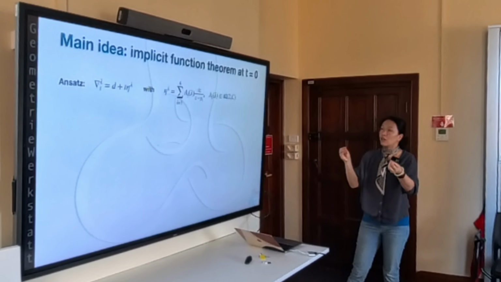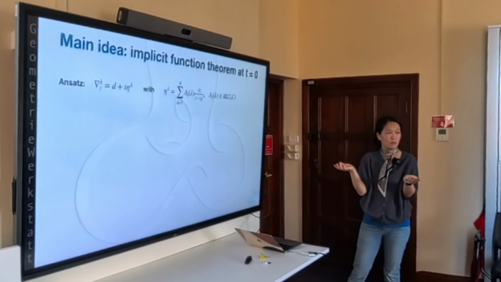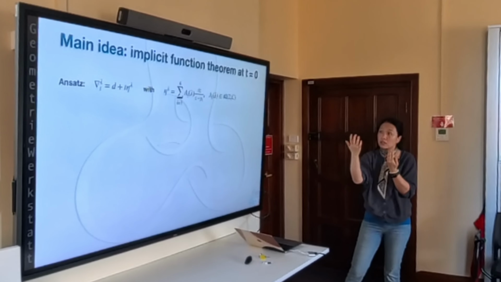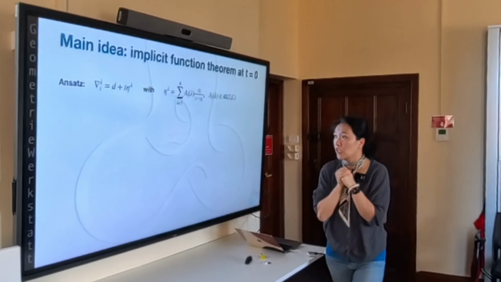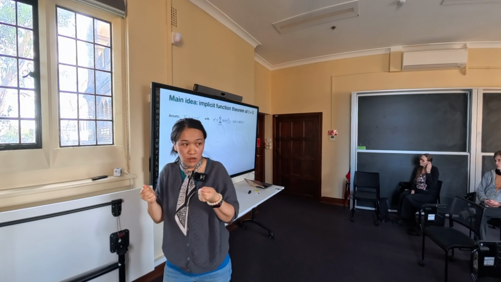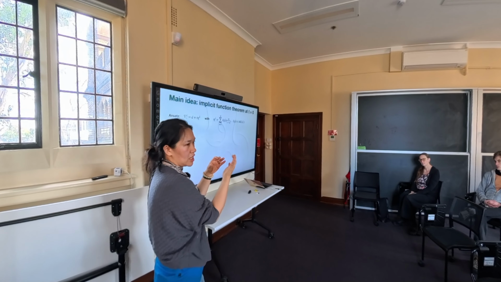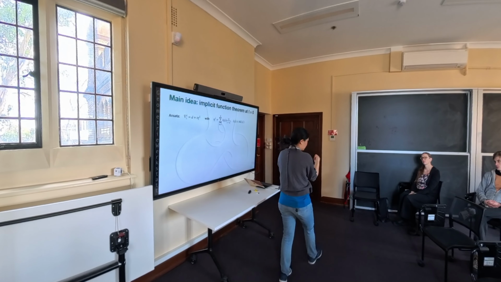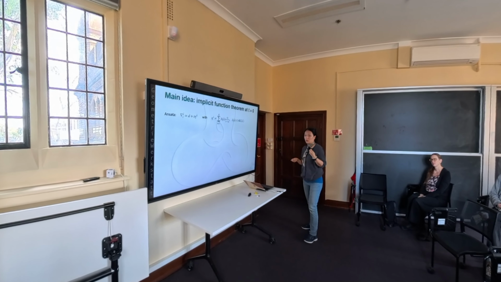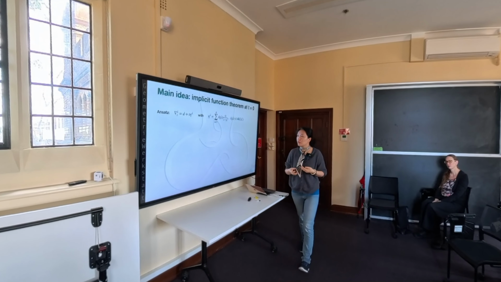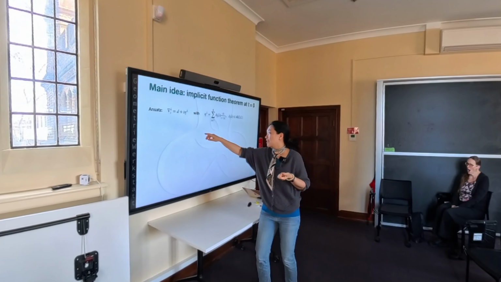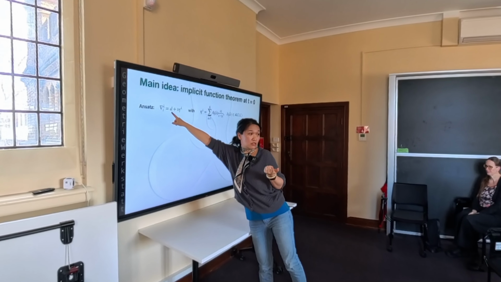Now, again, we want to use the implicit function theorem to find these candidates. And the ansatz is, well, at t equals 0, or g goes to infinity, the local monodromies are 0. So that's how I reduced everything. So when everything is 0, then the good choice of your initial data is that you take the trivial connection.